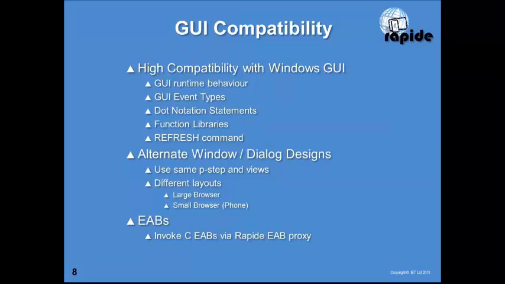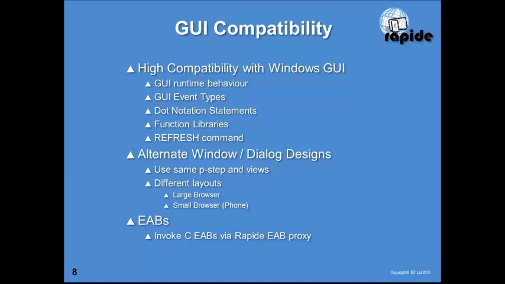In terms of the window design, whilst it's nice to have a single window design to support all the possible user interfaces, there are certain sizes of screens where you probably want a different layout because you're very short on screen space. The obvious example would be if someone uses your application from a phone browser with a very small screen size, you probably want a very different layout to if they're using a tablet or a larger desktop machine.